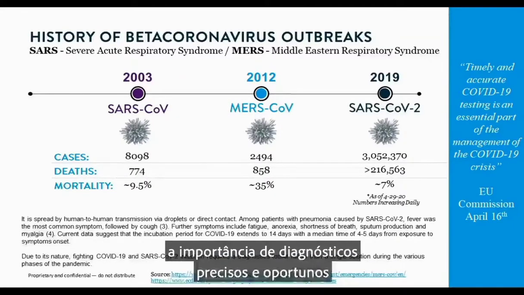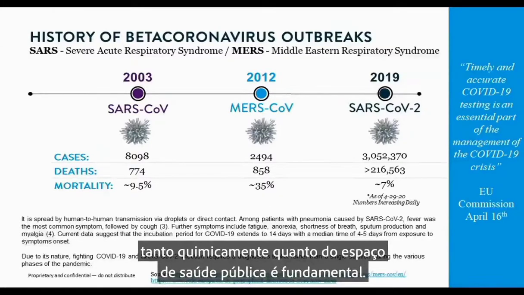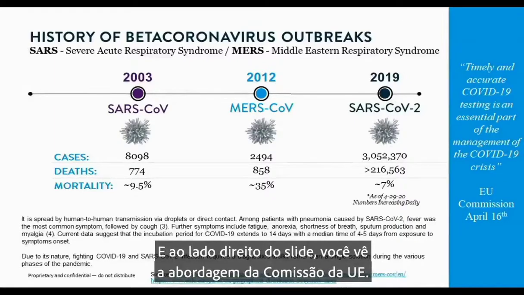So the importance of accurate and timely diagnostics in identifying cases that enable a rapid reaction, both clinically and from the public health space, is critical. I think on the right-hand side of the slide you see a quote from the EU Commission.